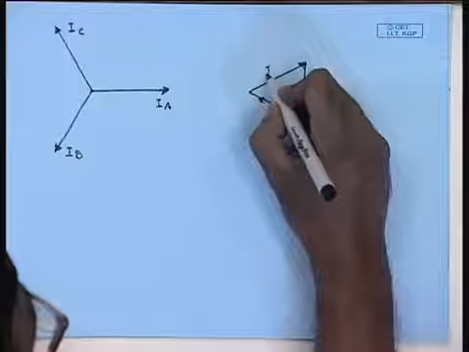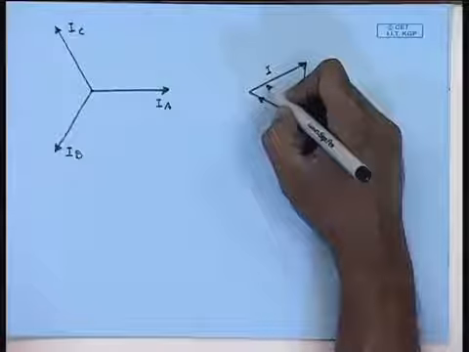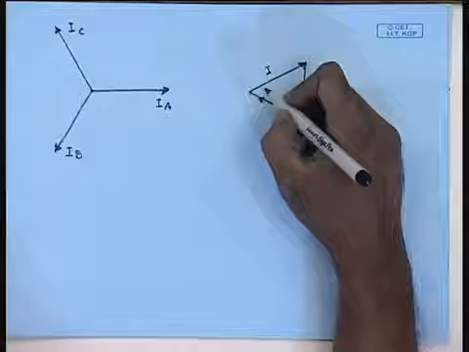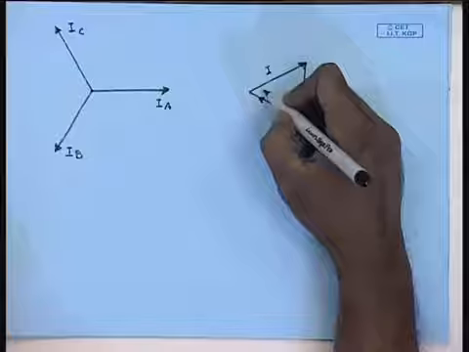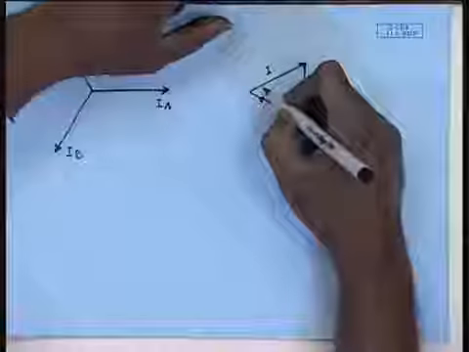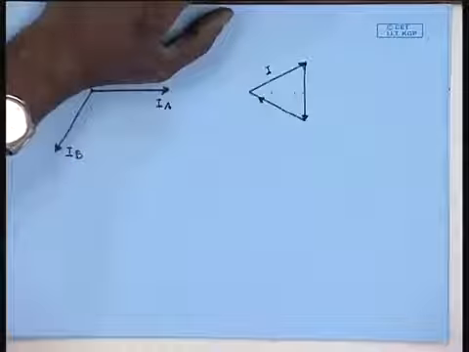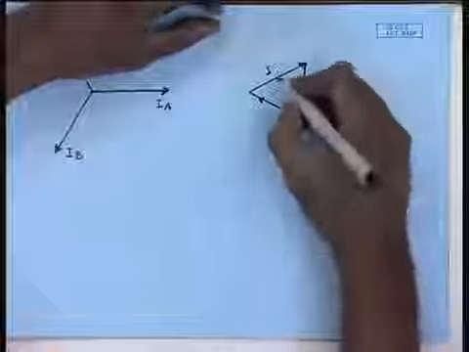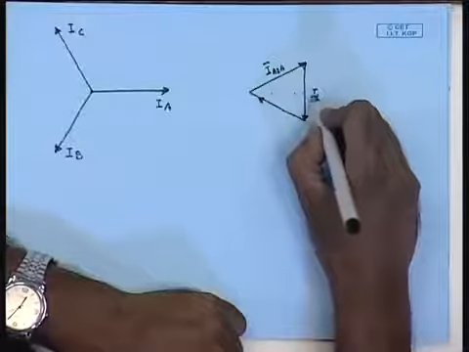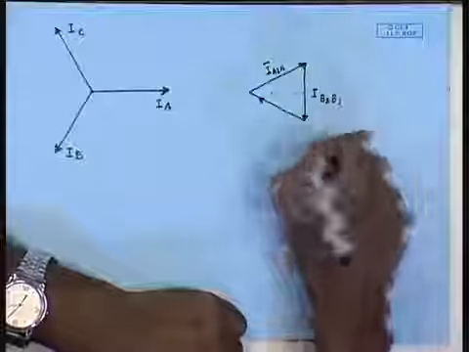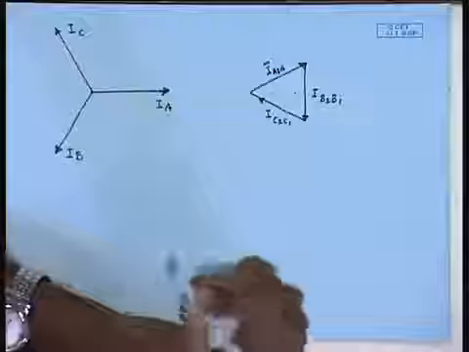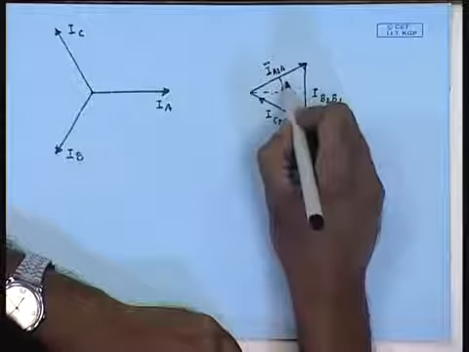This is I A2A1, this is I B2B1, this is I C2C1, with this angle being 30 degrees.